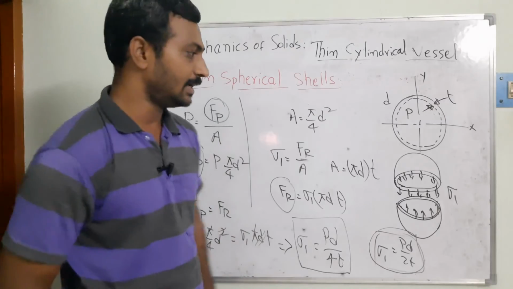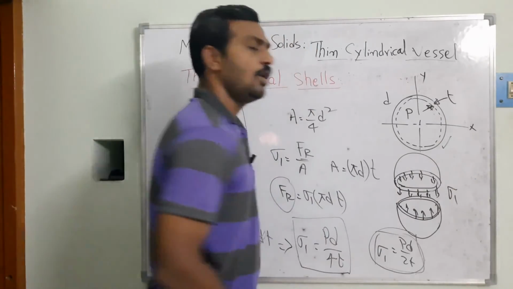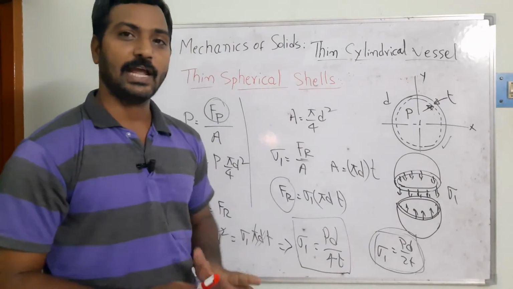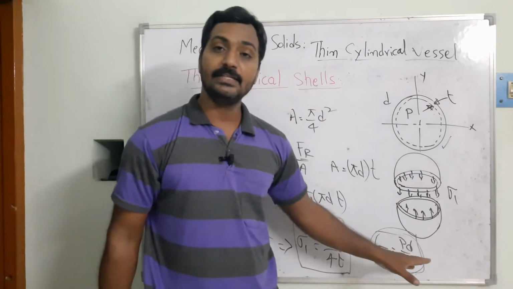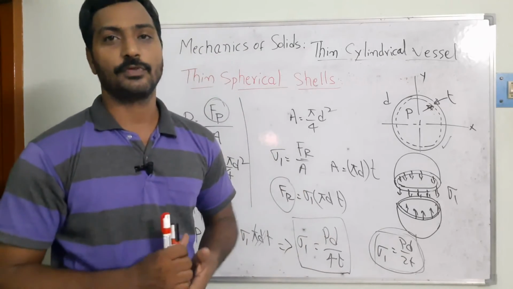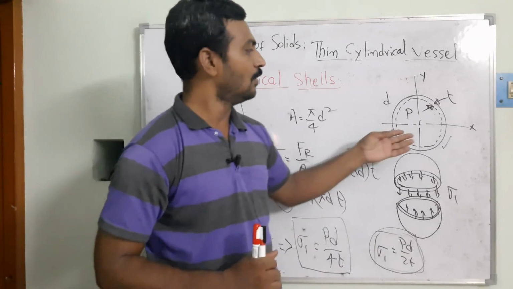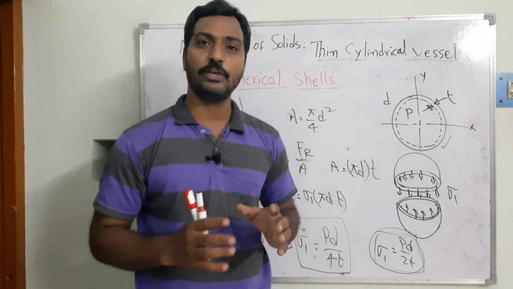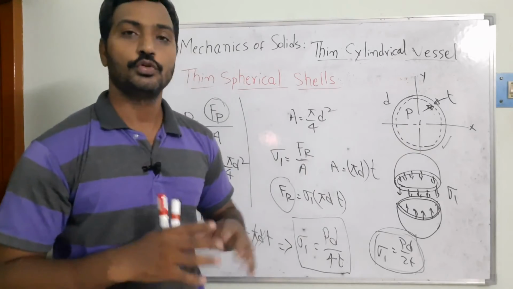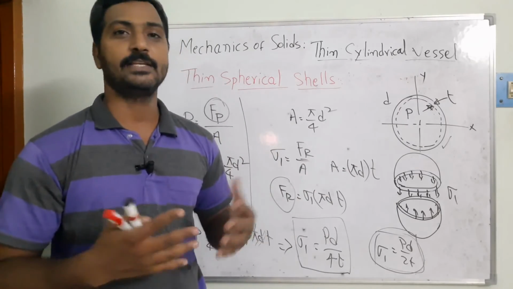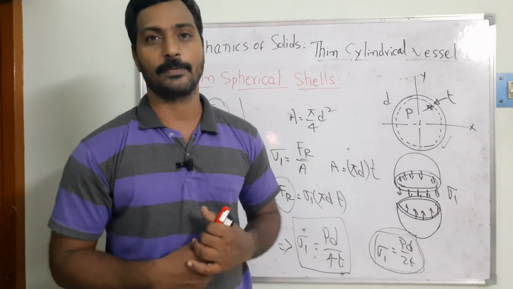It is very clear that spherical shells are safer than thin cylindrical shells. But thin cylindrical shells are widely used for the transportation of fluid, while spherical shells are used for stationary applications to store fluids like oil, petrol and diesel.